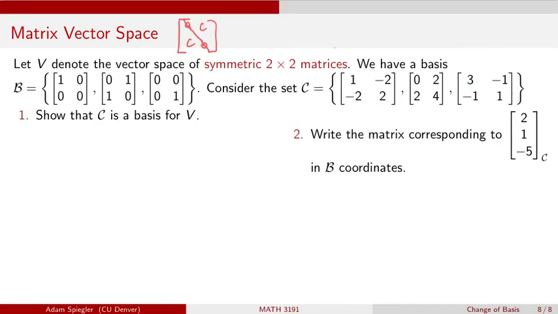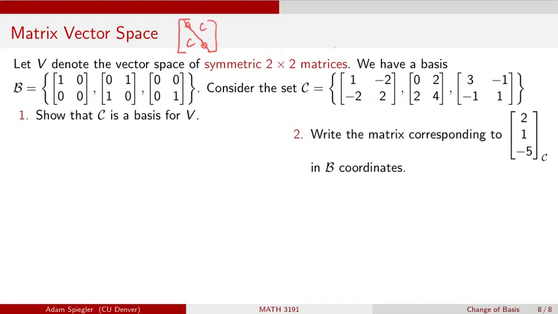So here we have a set of 3 elements, and we'd like to show that C is actually a basis for V. We actually don't know this off the top of our head. So to prove that C is a basis for V, what we can use is the result that C is a set that contains the same number of elements as what we know basis B contains.